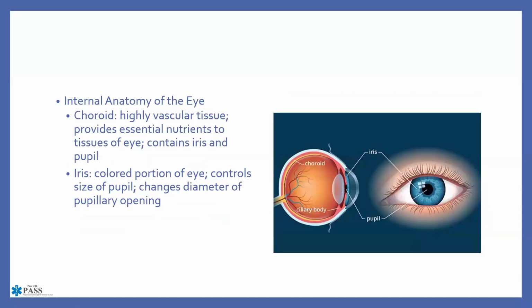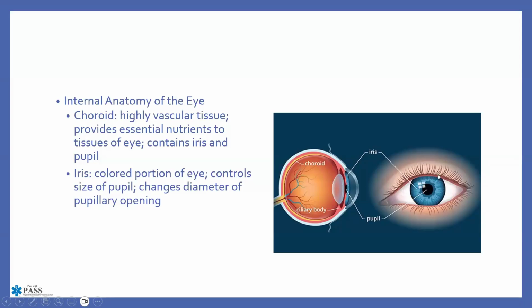The choroid is highly vascular tissue. It provides nutrients and tissues to the eyes, and contains the iris and the pupil. The iris, which we've talked about, is that colored portion of the eye, and it controls the size of the pupil. That is the reasoning for having the iris here that surrounds the pupil.